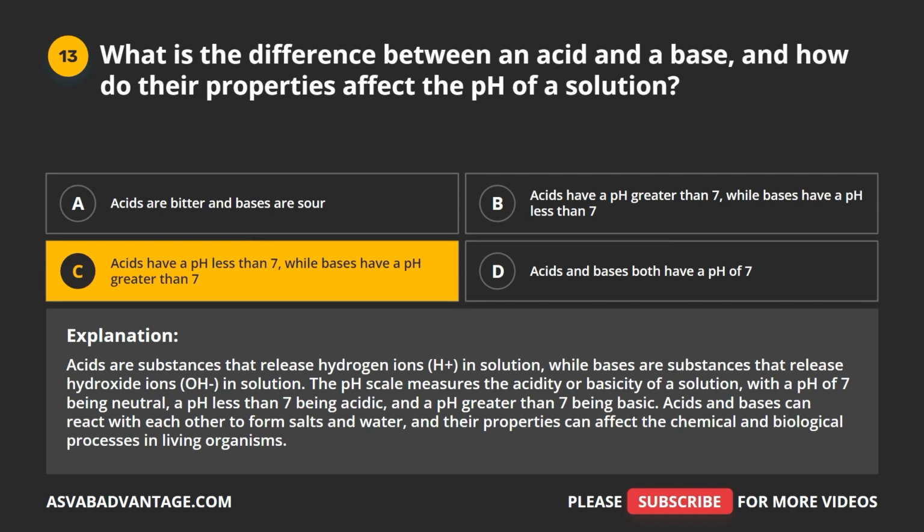The pH scale measures the acidity or basicity of a solution, with a pH of 7 being neutral, a pH less than 7 being acidic, and a pH greater than 7 being basic. Acids and bases can react with each other to form salts and water, and their properties can affect the chemical and biological processes in living organisms.